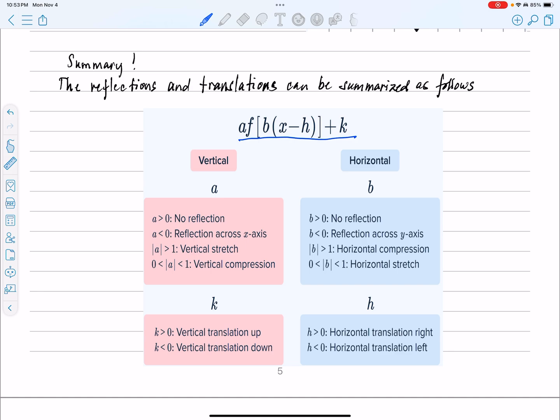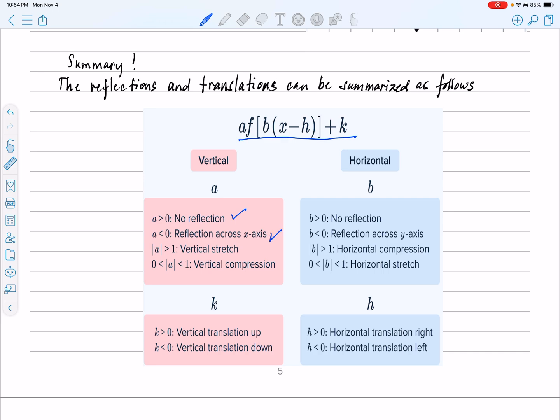how it is written algebraically, where A is the vertical and B is the horizontal stretch or compression, and h and k are the horizontal and vertical translations. So A greater than 0, no reflection. A less than 0, reflection across the x-axis.